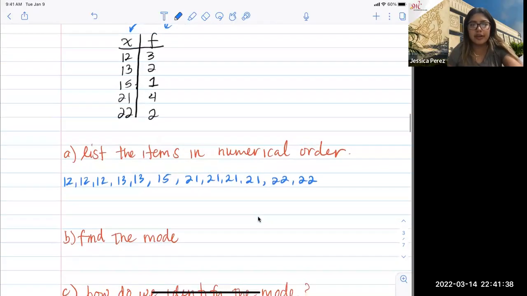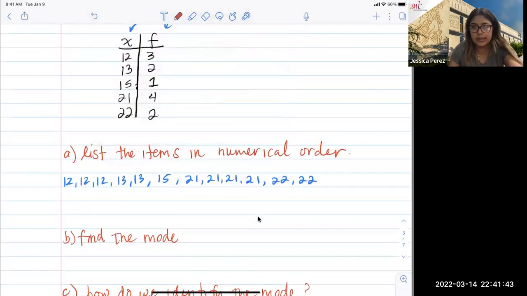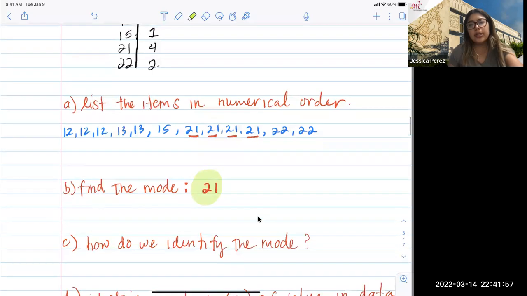Part 2 is to find the mode. Well, what is the mode? The mode is which number repeats itself the most. The mode is 21. Repeats 4 times. That's the mode. Now, how do we identify the mode?